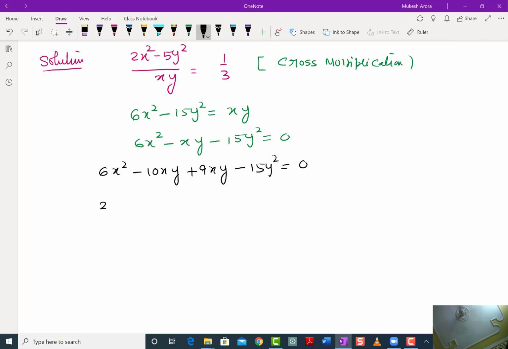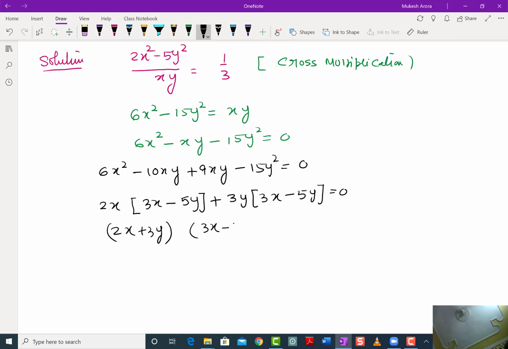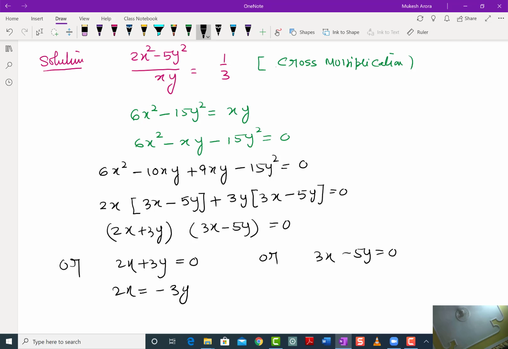Common is 2x. This will be 3x minus 5y, plus common is 3y, it will be 3x minus 5y is equal to 0. So 2x plus 3y and 3x minus 5y is equal to 0, or 2x plus 3y is equal to 0, or 3x minus 5y is equal to 0. 2x is equal to minus 3y.